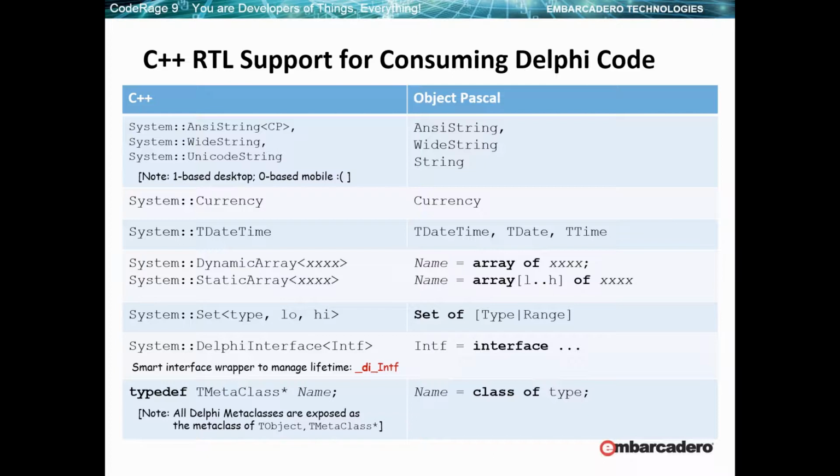So an AnsiString or a WideString or a Currency or a TDateTime, all these are built-in types in the Delphi language. By that, I mean the compiler knows them intimately, in the same way that the compiler knows about an integer or a bool, or a Boolean, I guess I should say, or a Char or an AnsiChar and so forth. So these are built-in types. So we need to be able to replicate those types in C++.